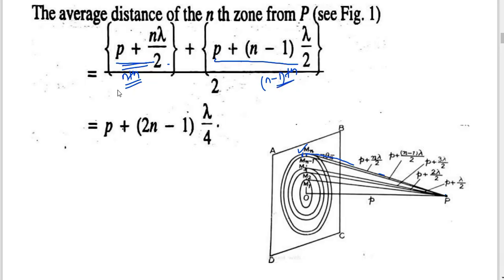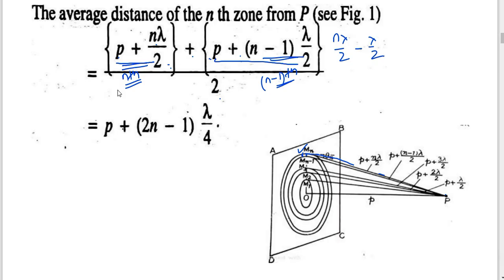If we take the summation and average it by dividing by 2, then you get the average distance of the nth zone. So that will be P plus n lambda by 2 plus P plus n minus 1 lambda by 2, which is n lambda by 2 minus lambda by 2.